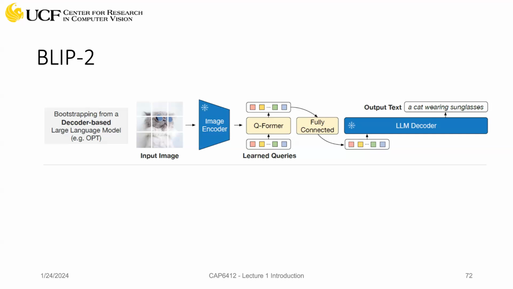You query the image for what is relevant, and you get this out, and that goes to the fully connected layer. Then that goes to the LLM decoder. As you know, that LLM can be decoder only, or it can be encoder-decoder. GPT is decoder only, and some other ones are encoder-decoder, but mostly it's decoder only.